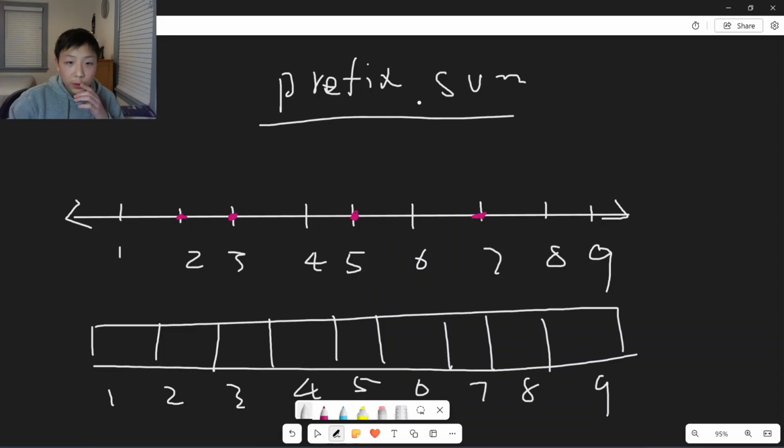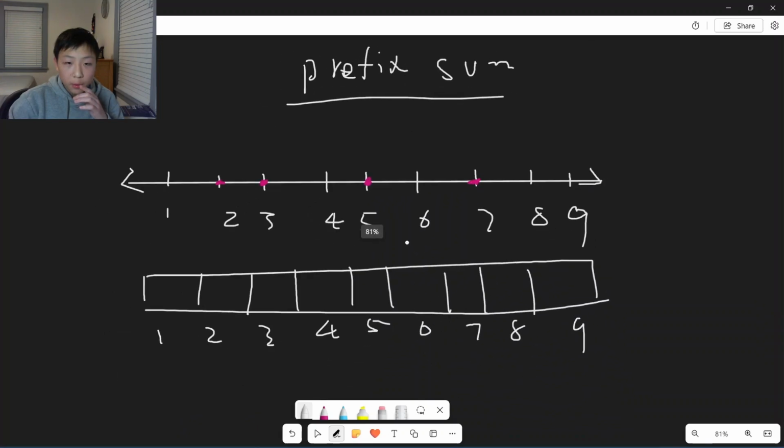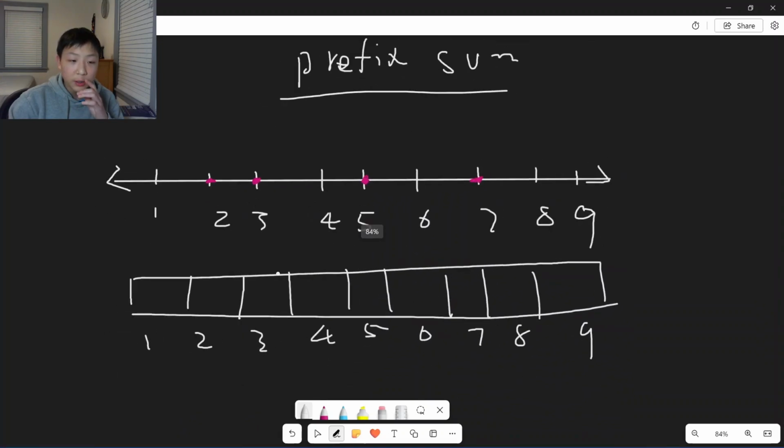So what prefix sum is, I'm going to record how many hay bales are from the current position to the first position. It's always going to be to the start. So for number 1, we have 1 to 1. The interval 1 to 1 has 0 hay bales. For the second index, we have 2 to 1.